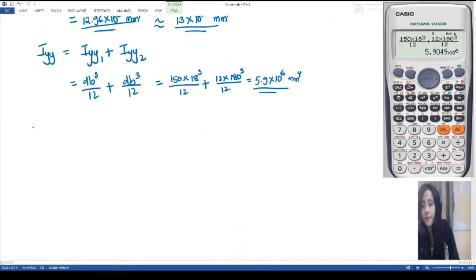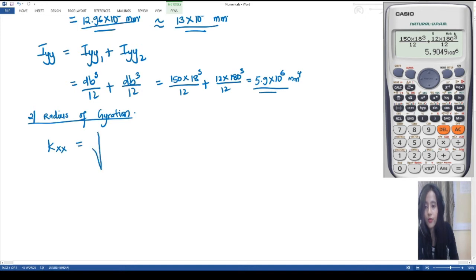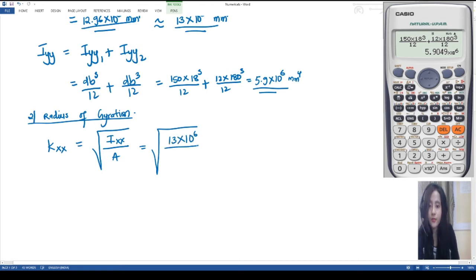Second, radius of gyration. To find the radius of gyration, let's find it about the X-axis first. Kxx will be equal to the square root of Ixx by its area. So how much was my Ixx? Ixx was equal to 13 into 10 raised to power 6 divided by its area, 2700 plus 2160.